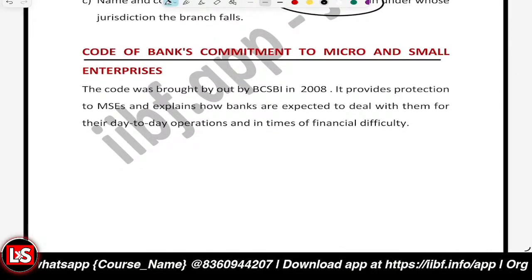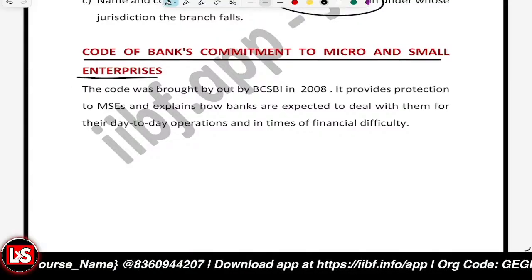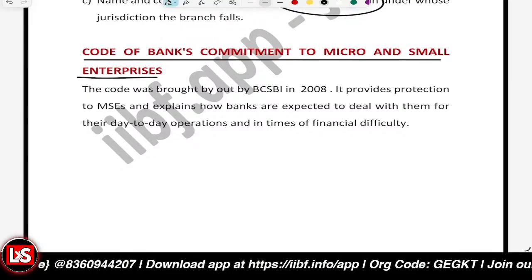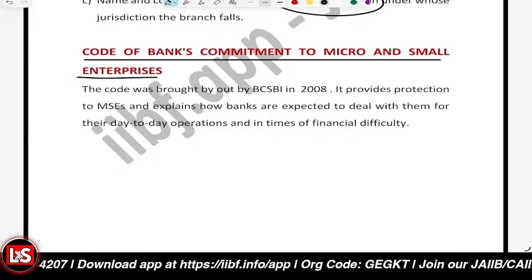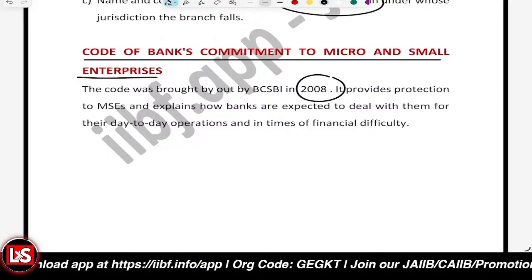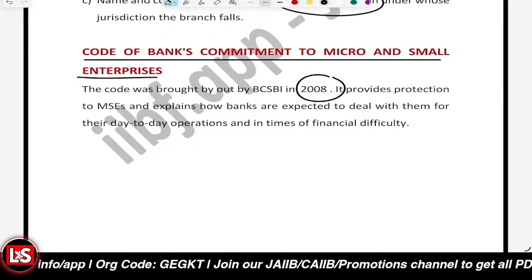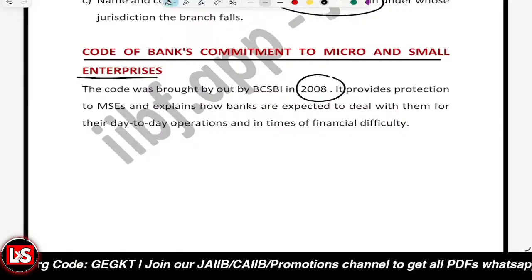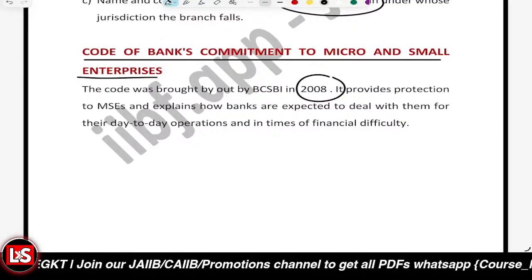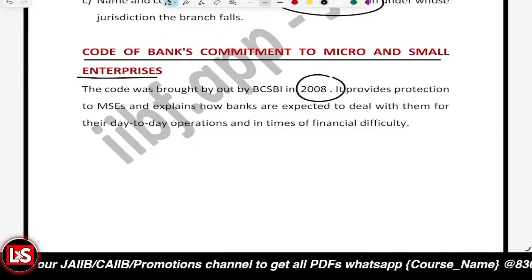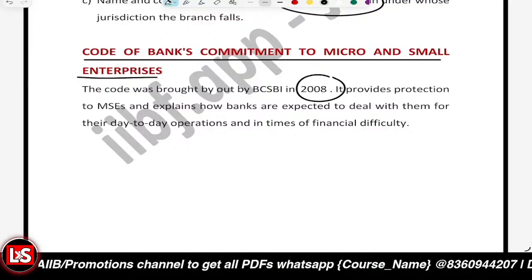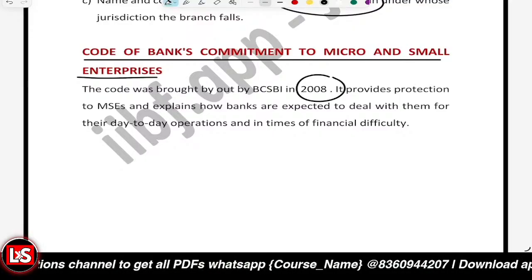Then after that, it's about the Code of Bank's Commitment to MSEs. That's the second code. This code was basically introduced in 2008. The code related to individual customers was introduced in 2006. The code which provides protection to micro and small enterprises was introduced in 2008, right?